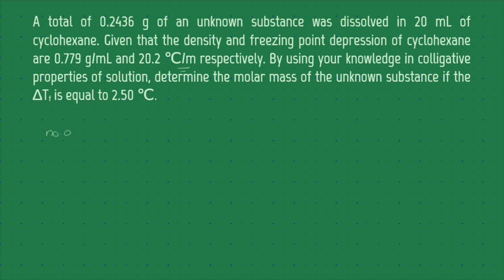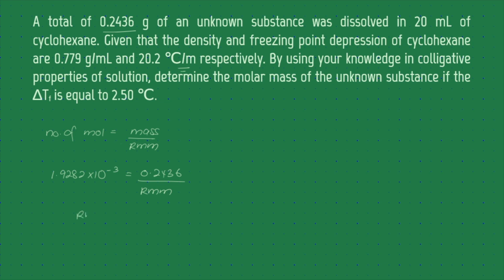So the number of mole is equivalent to mass over RMM. So the number of mole is the thing that we calculated just now, which is 1.9282 times 10 to the power of negative 3. And the mass is given to you in the question, 0.2436 gram over RMM.